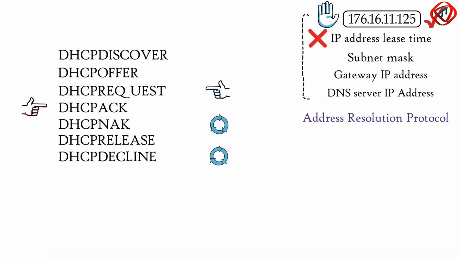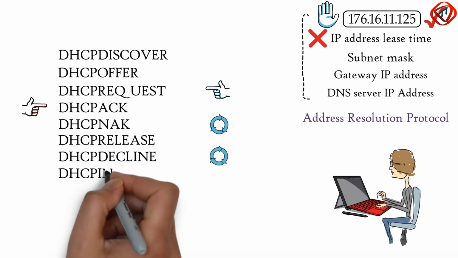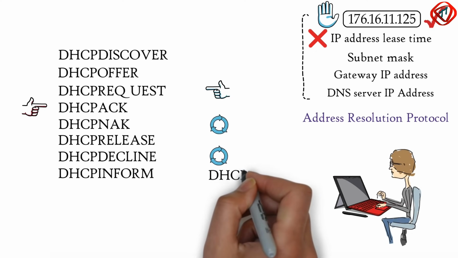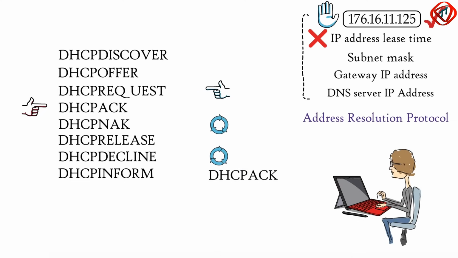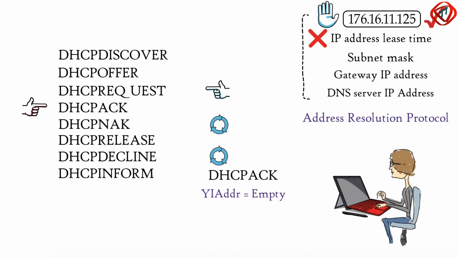If TCP IP settings are manually configured on a host and host needs some additional configuration parameters, the host triggers DHCP inform message to the DHCP server. The server provides the information with acknowledgement message, but this acknowledgement message contains an empty your IP address field because the client already has a manually configured IP address.